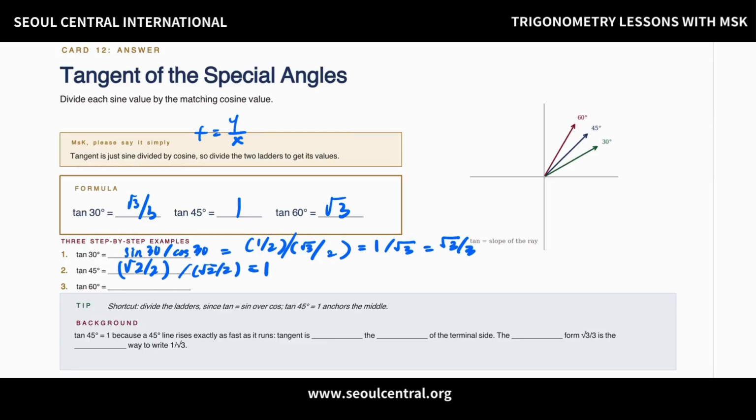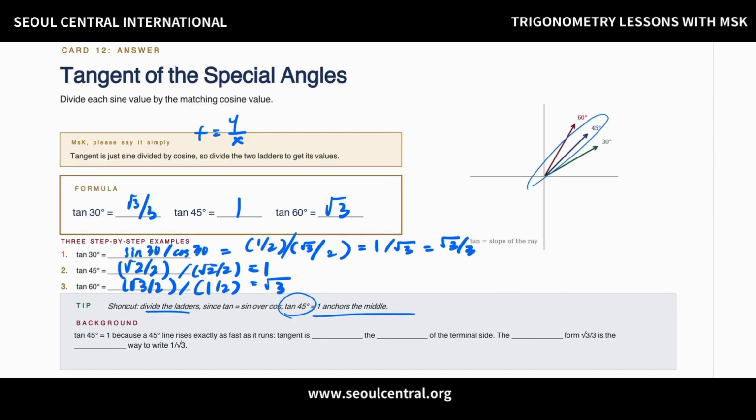And then again, sine over cosine, so we have square root 3 over 2 over 1 over 2, and that gives us square root 3. So you can just divide the values since tan is sine over cosine.